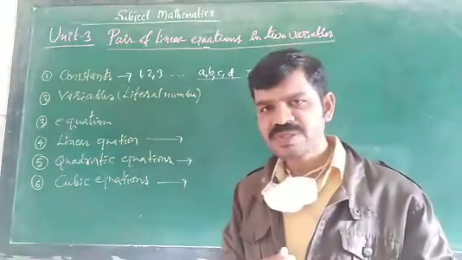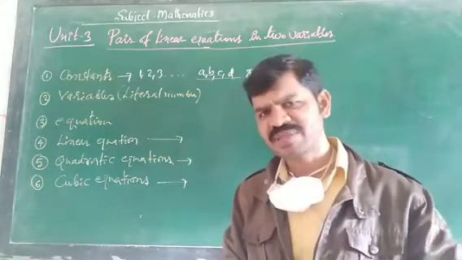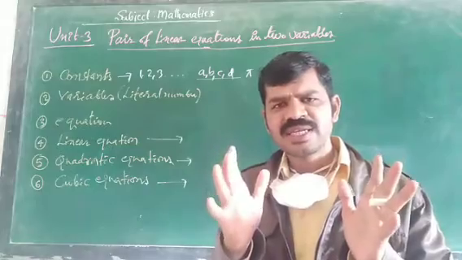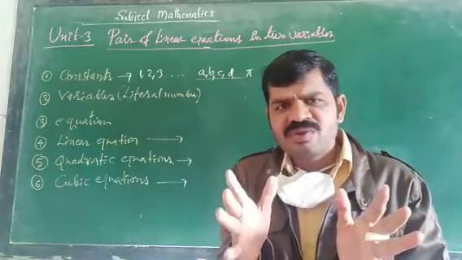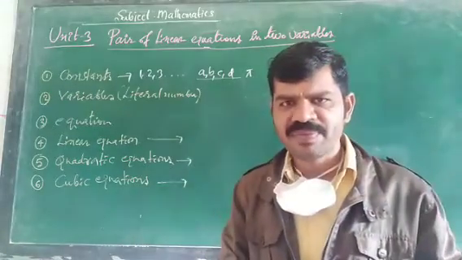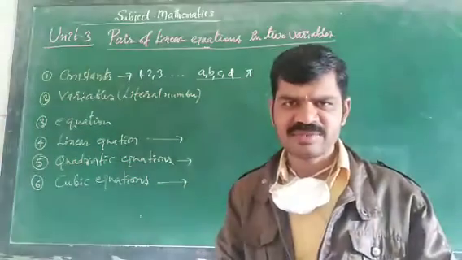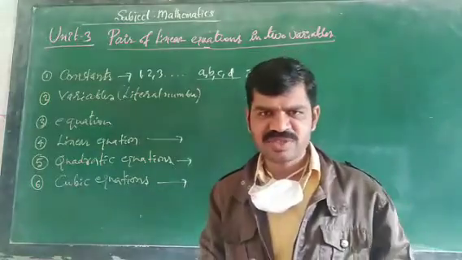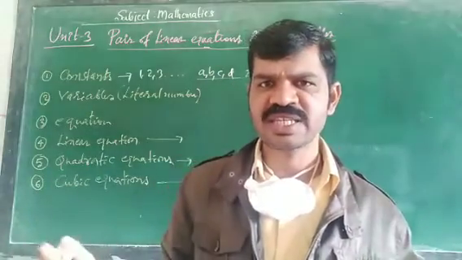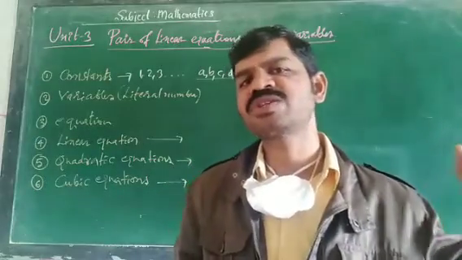Variables. Variables are also called literal numbers. Literal number, in the sense, it is a number which is not known at first. We have to find out that number. So those are the variables. For example, in 10th standard, we have some students. The height of the students is not constant. Height varies from student to student.